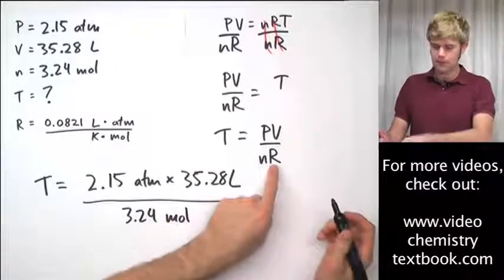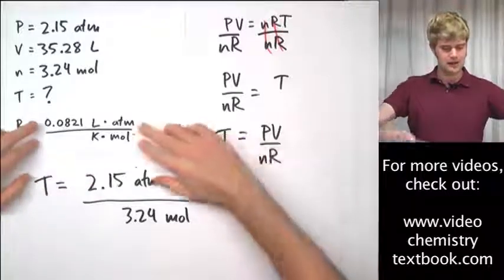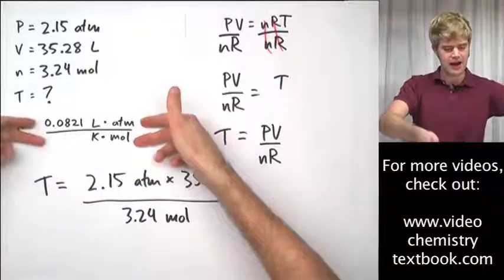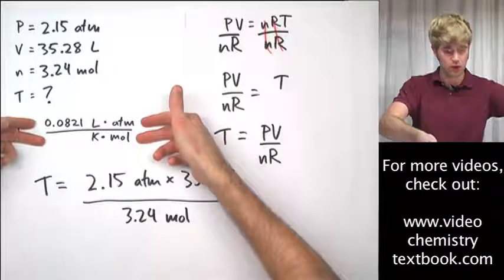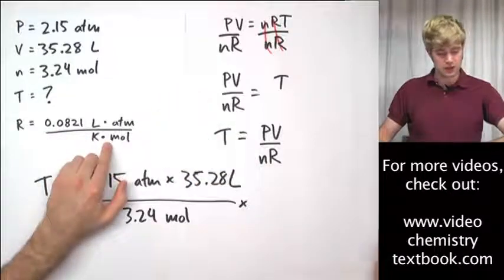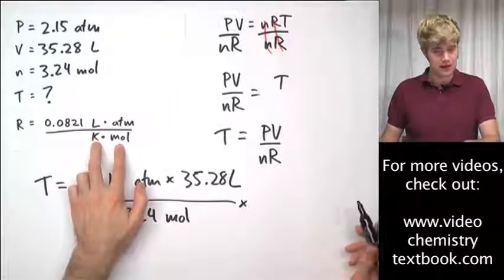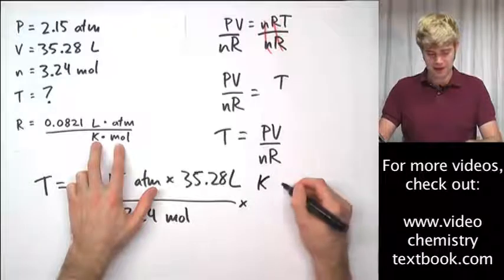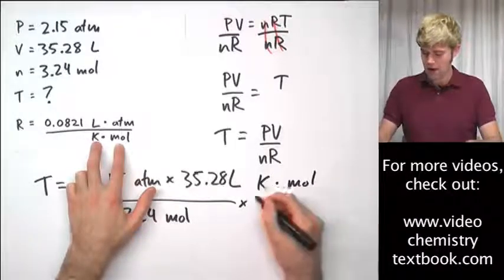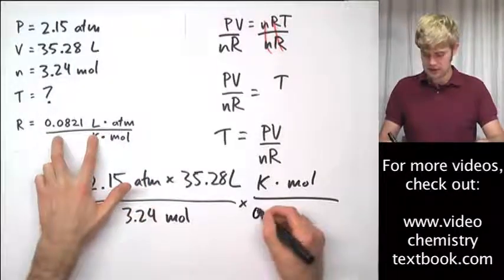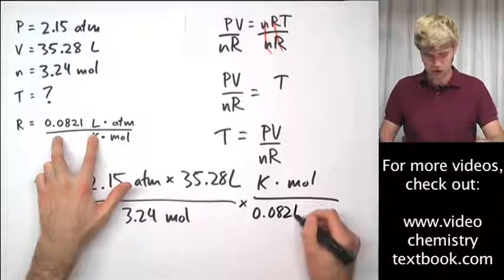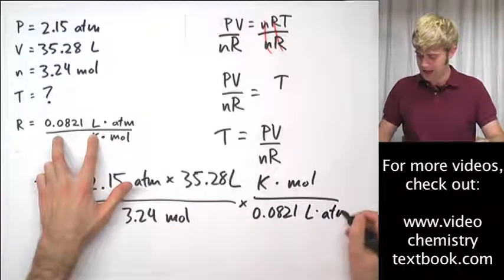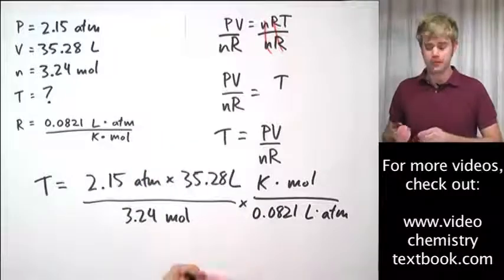And what I do when R is on the bottom is I take R and I flip it upside down. Okay? So what is normally on the bottom, Kelvin moles, is going to be on the top. And what is normally on the top, 0.0821 liters atmospheres, is going to end up on the bottom.